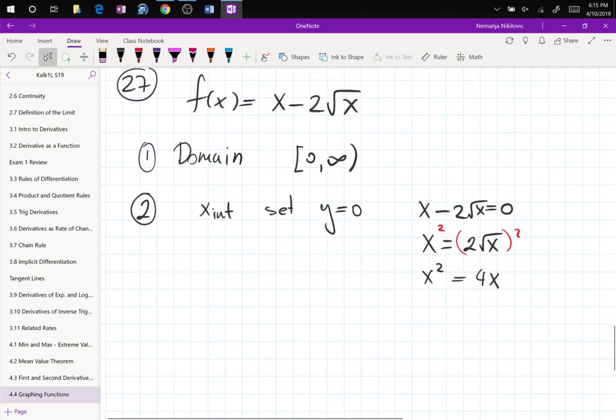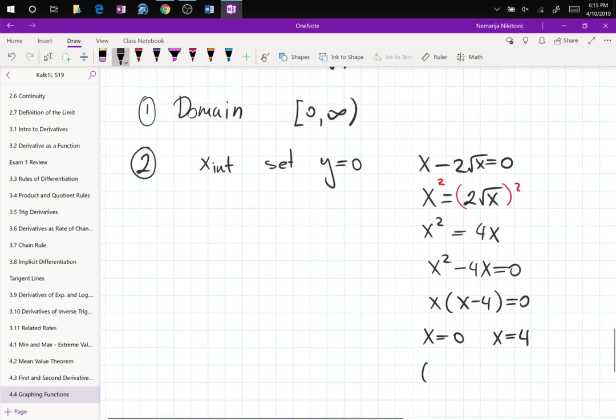Now, you move 4x back to the other side so you can factor. And you have x equals 0 and x equals 4. There are 2 x-intercepts, (0, 0) and (4, 0). Remember that you set your y equal to 0, so you calculated x's, so there are your 2 points. You get to plot these points, right? So we want to box those to find them later.